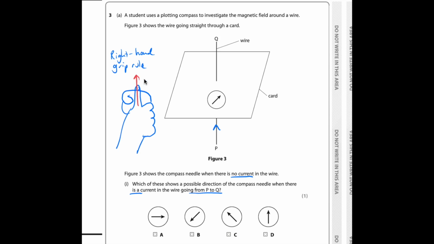So the current's going up, and the magnetic field is represented by the fingers, which is going anti-clockwise. So if the magnetic field is going anti-clockwise, that way, this needle is going to be pointing that direction there. The magnetic field will be going round anti-clockwise.